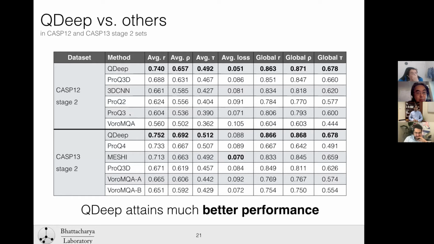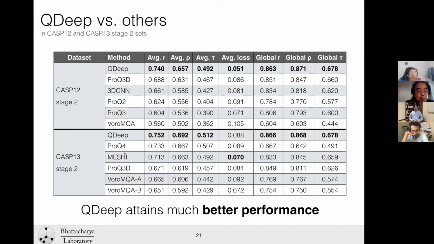For example, in terms of the average Pearson correlation, our QDeep method delivers in CASP12 a correlation of 0.74, which is much better than ProQ3D, which delivers a correlation of 0.688. Similarly, our loss in CASP12 is also much lower.